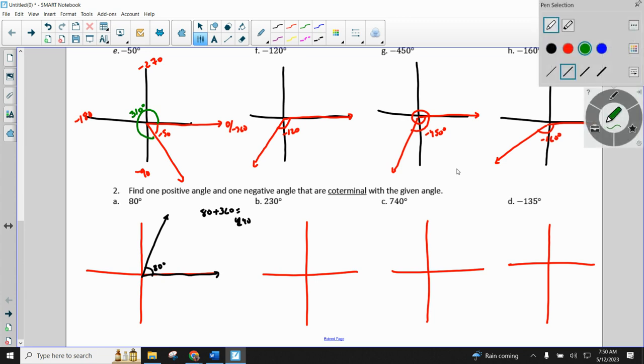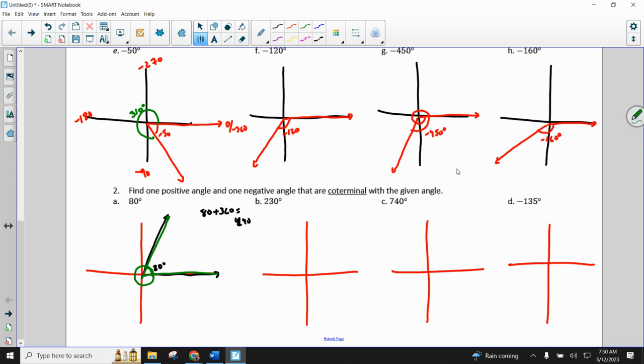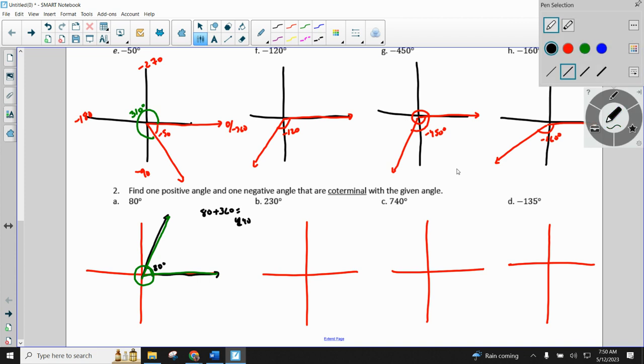And think about why that's coterminal. We still have this initial side. We go 360 around, and then we get another 80, and there we are. We could also go, if we wanted to, 80 minus 360 and get negative 280, right? And if we did that initial side and we went counterclockwise, and then we had negative 280.